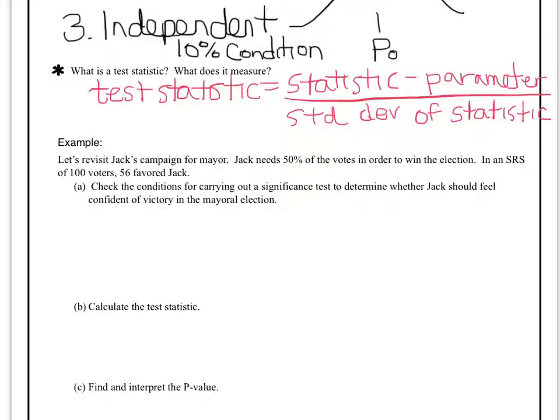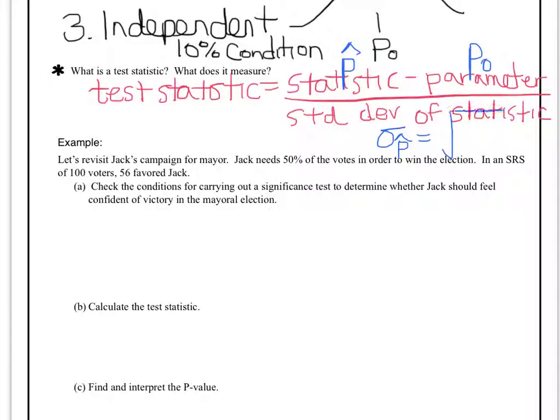The formula for the test statistic appears on the AP formula sheet just like this. They are expecting you to know how to change the values. For example, they're expecting you to say statistic; for us right now, that's going to be p-hat. Parameter, that's the value that we're pretending is the mean, so that's the null. And then the standard deviation of the statistic is the standard deviation of p-hat.